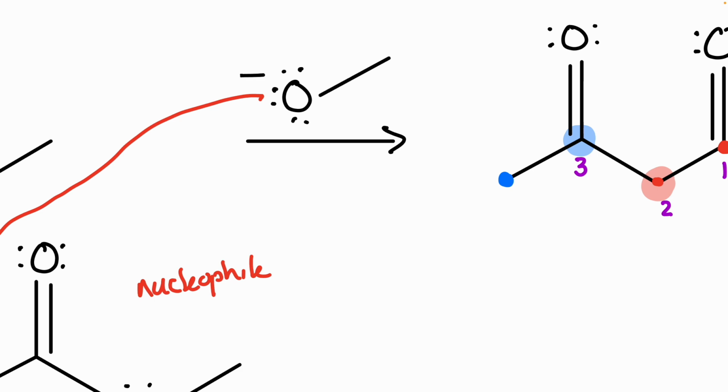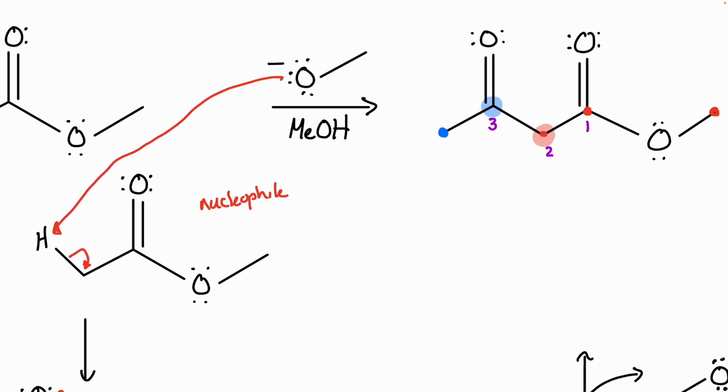And our solvent will match that ester substituent as well. In this case, it's a 1-carbon group, so we would use methanol. But our base and our alcohol will match that ester substituent.